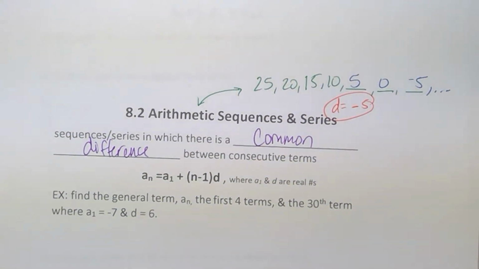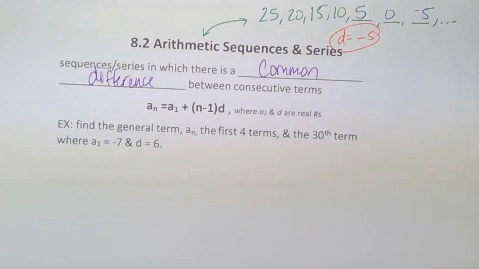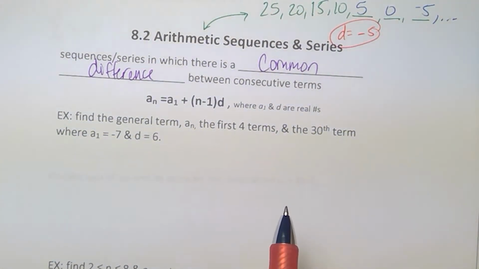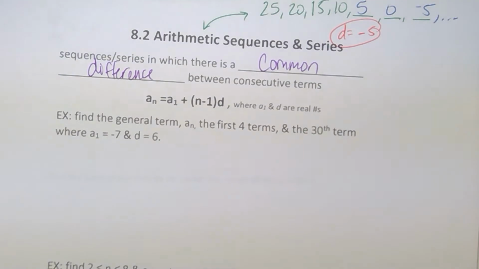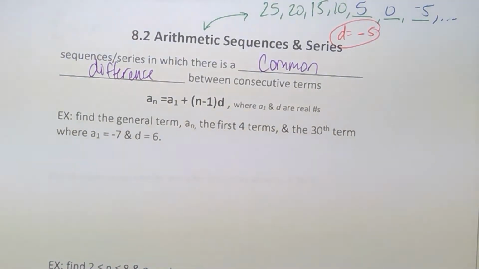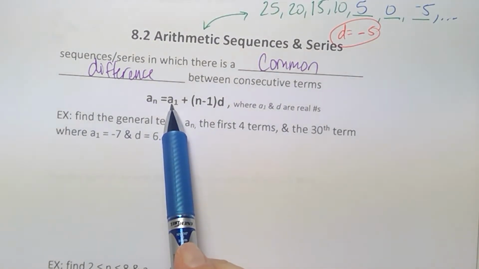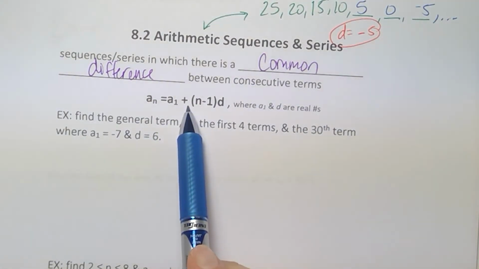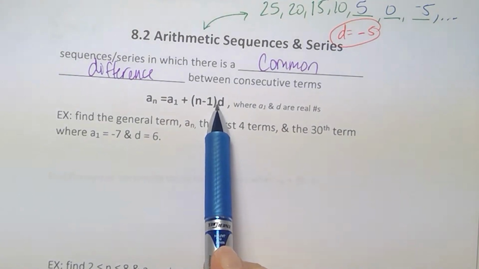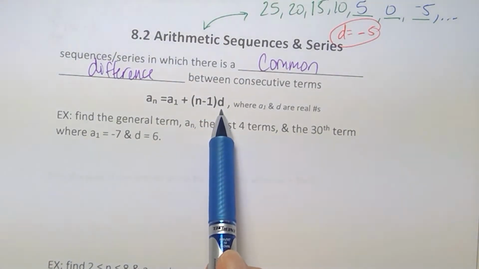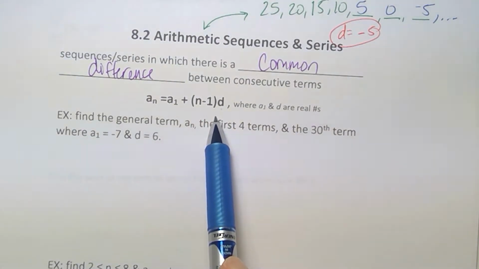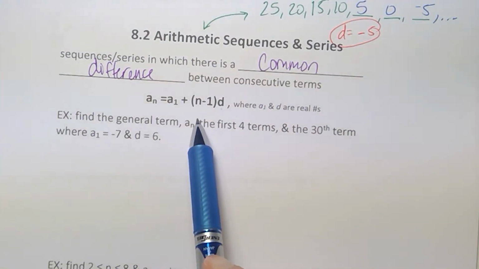My general term for an arithmetic sequence or series, remember sequence is when I'm just looking at the terms, series is when I'm thinking about adding them together. The general term, a sub n, is equal to that first term plus n minus 1, and then in parentheses, times d. So I'm going to have to clean this up some to get it in simplest form when I'm using it.